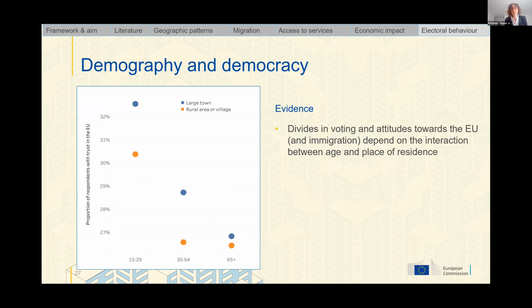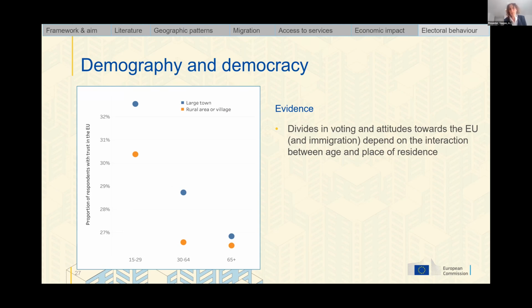Well, one summary of a result is that the divide in voting and attitudes toward the EU and also immigration depends basically on the interaction between age and place of residence. So it's not one or the other, it's the interaction of both.